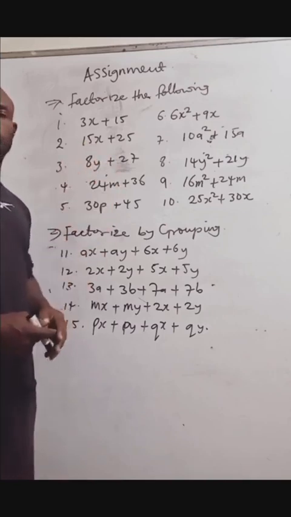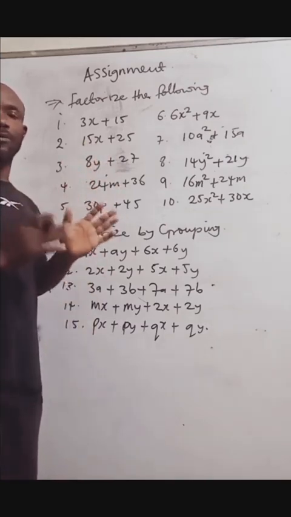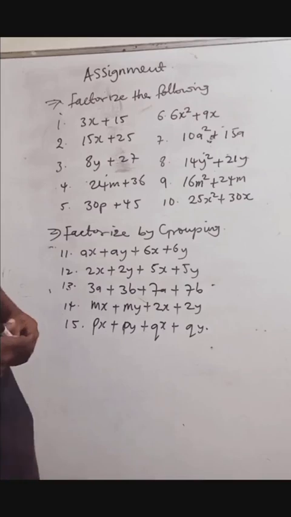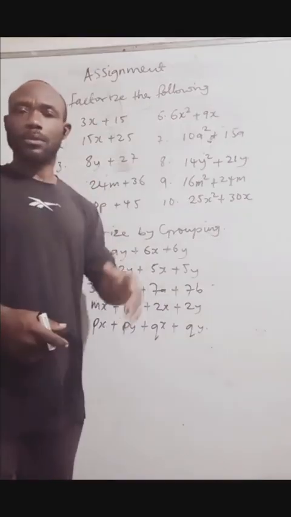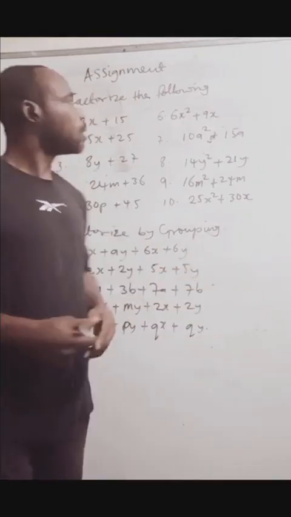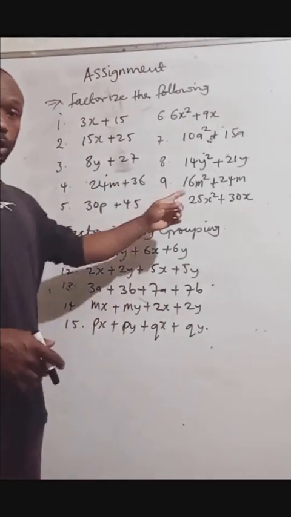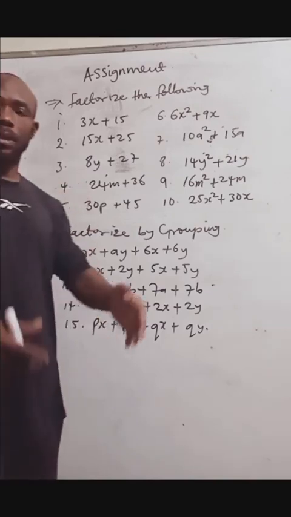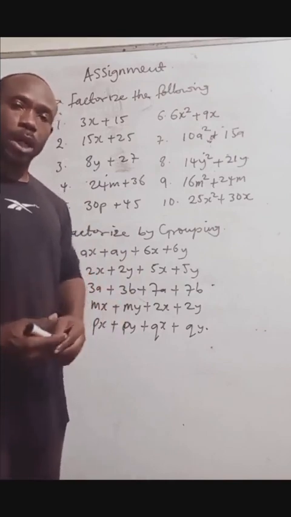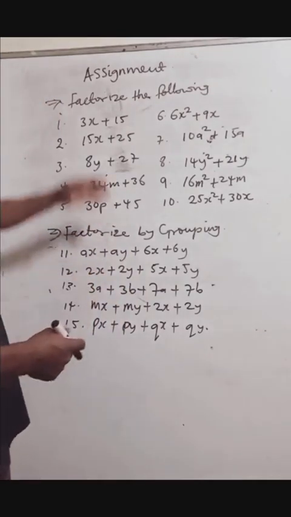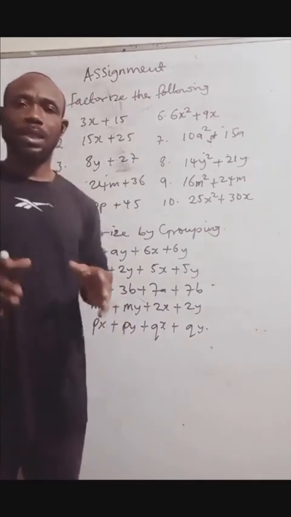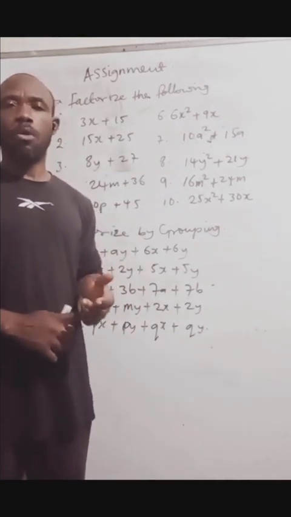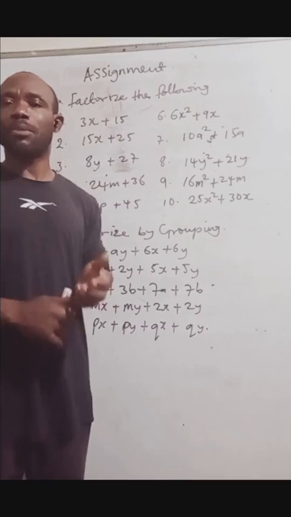There's a part of it where you have to look for the highest common factor of the algebraic expression, including the part that contains variables. Then in the second part of the questions, you are going to apply the method of grouping to factorize the algebraic expressions. So when you are done with the assignment, send your answers to the comment section on YouTube or send them to my WhatsApp number.